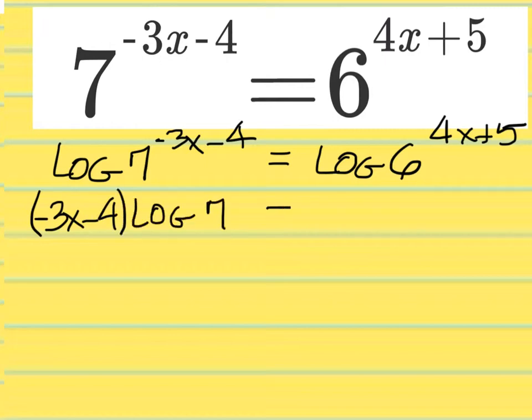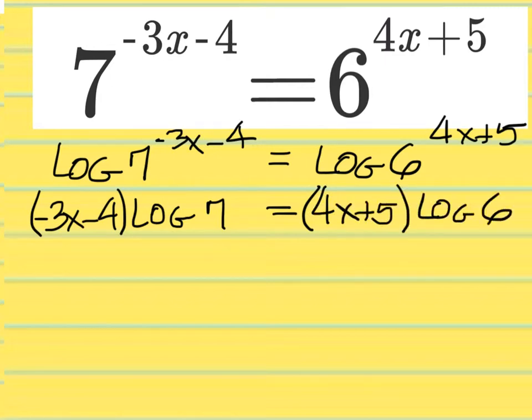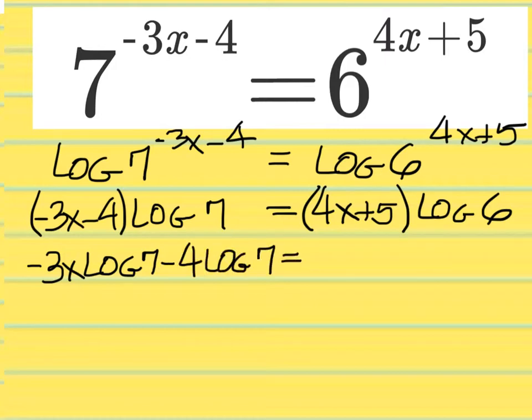Log 7 equals quantity of 4x plus 5. Close the quantity. Log 6. So distribute the log 7 to get 3x log 7 minus 4 log 7. And set that equal to 4x log 6 plus 5 log 6.